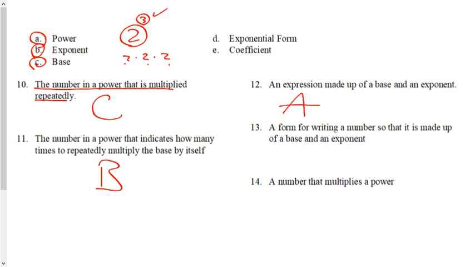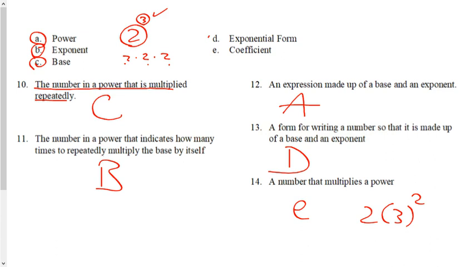I've found the power. I've got all kinds of 80s songs going today. Question 13, a form for writing a number so that it's made up of a base and an exponent is exponential form. And finally, a number that multiplies a power is your coefficient. Remember, if I had 2 multiplied by 3 squared, that 2 was called your coefficient.